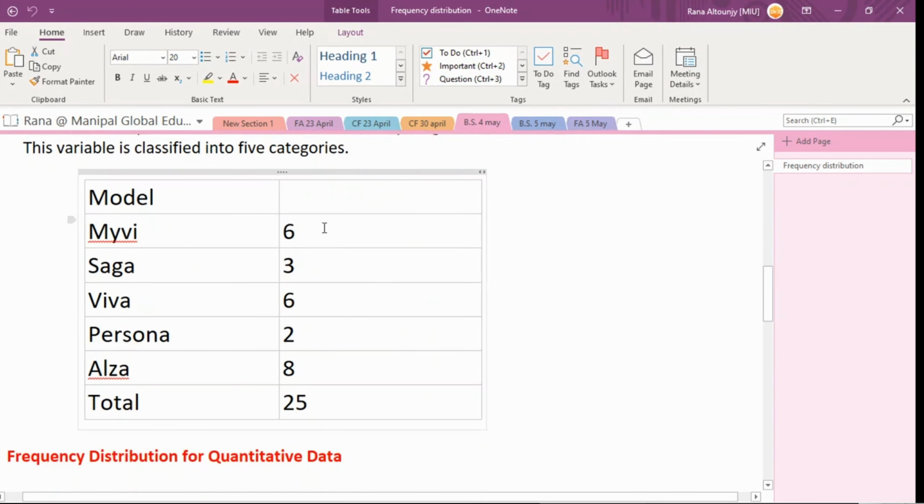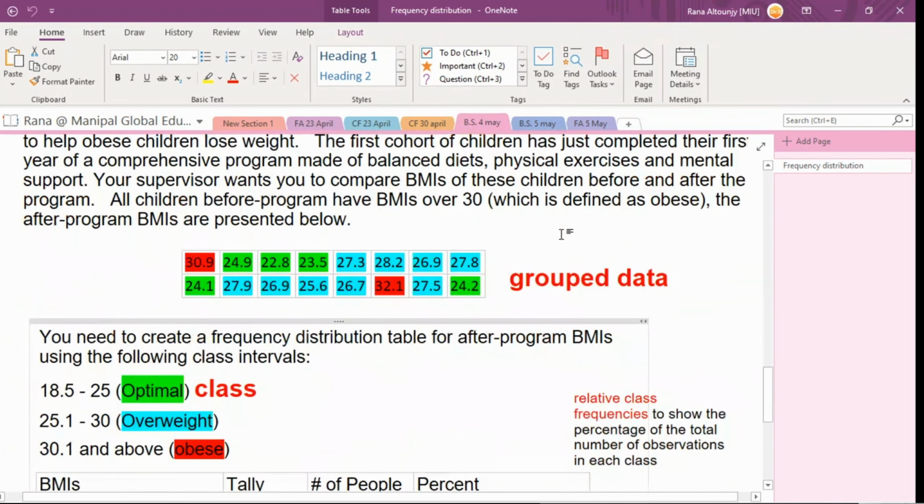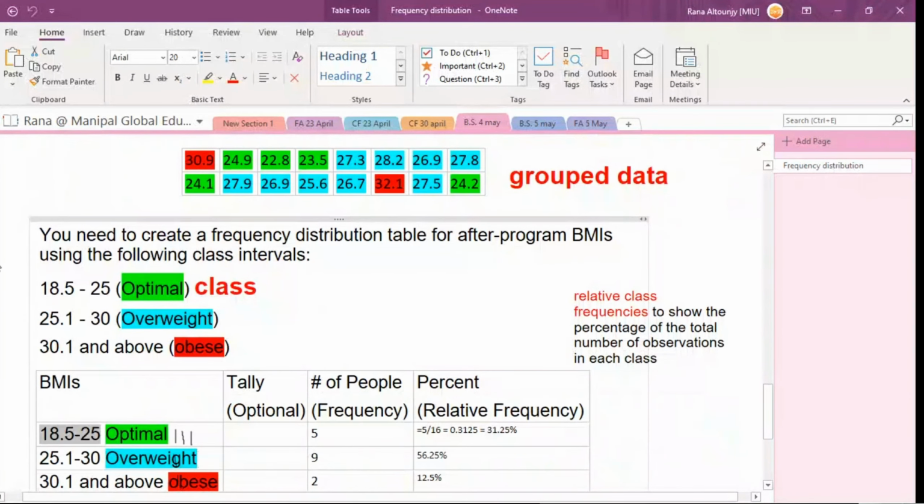Then we found the frequency distribution of each brand. Then we talked about the frequency distribution of quantitative data, the BMI of the students in the class, and we divided it into 3 classes. The first was between 18.5 to 25 as optimal, 25.1 to 30 as overweight, and 30.1 and above as obese.